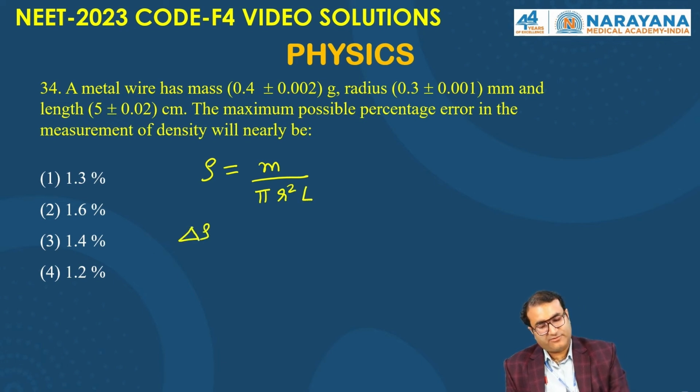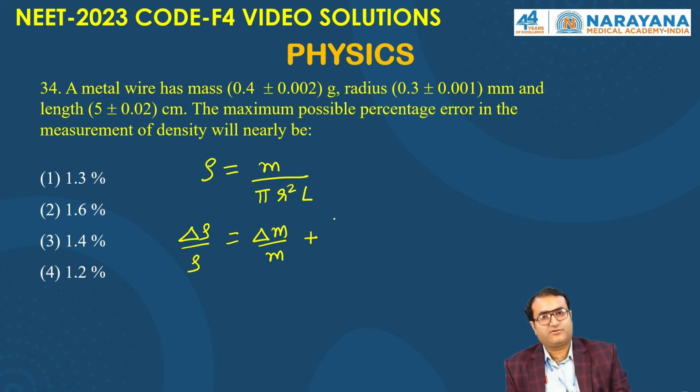So delta rho by rho. The power of mass is 1. We can write delta rho by rho as delta m by m. The power of radius is 2.